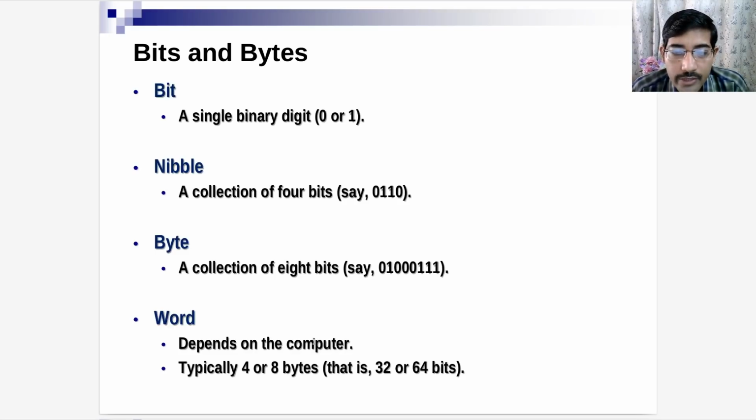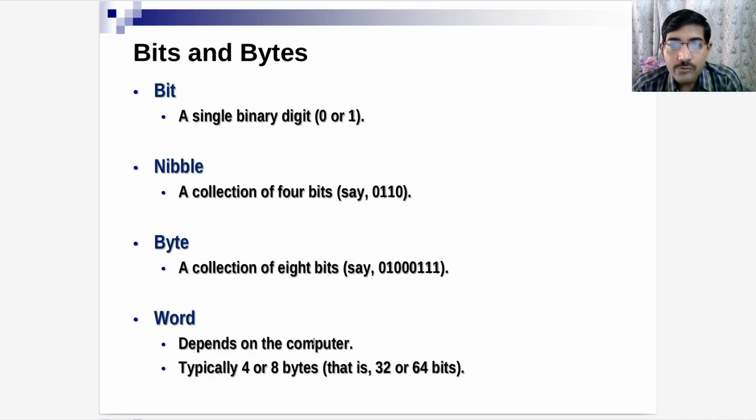And a word depends on the computer, either 4 bytes or 8 bytes. A pertinent point to note here is that you have heard about a 64-bit machine, a 32-bit Windows operating system, a 64-bit operating system. We'll come to the notion of operating system a little later, but this means that at a time you can access these 64 bits.